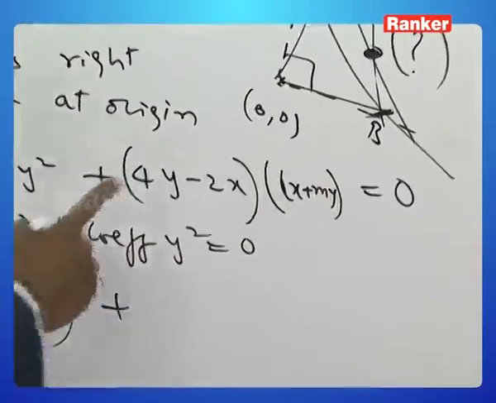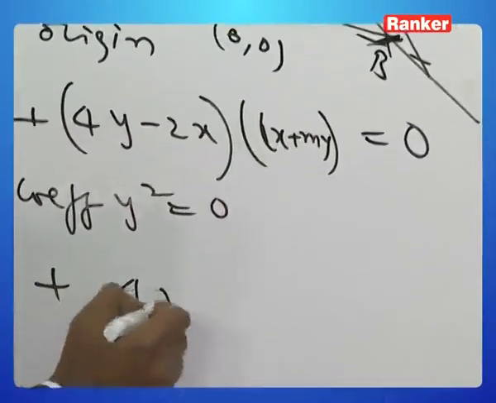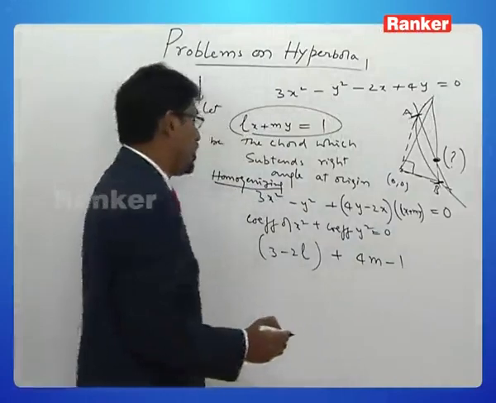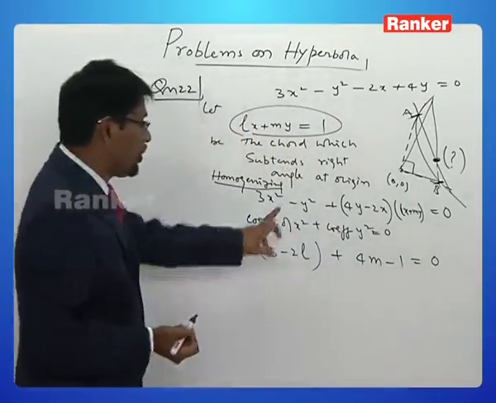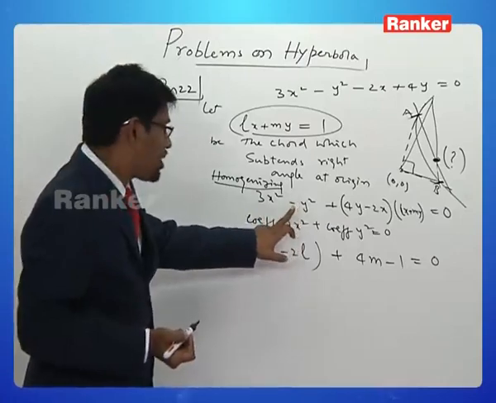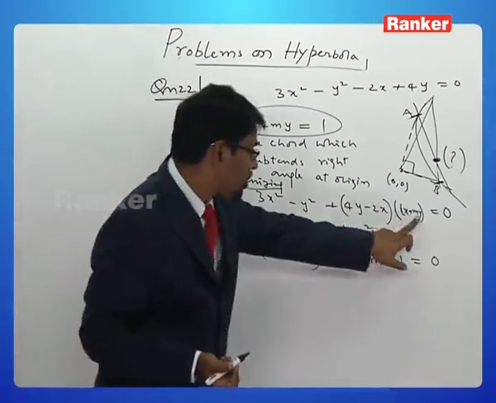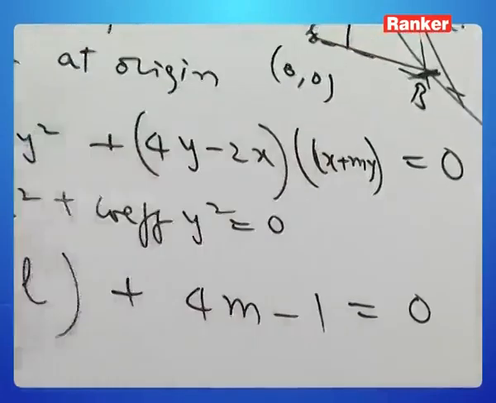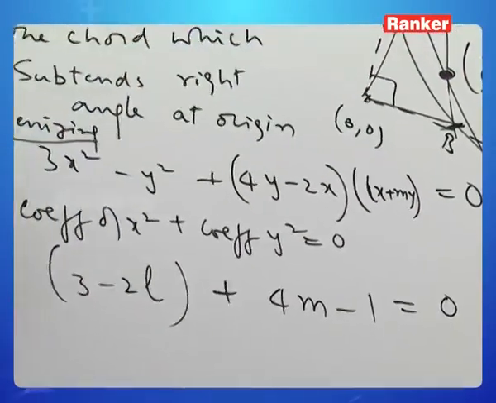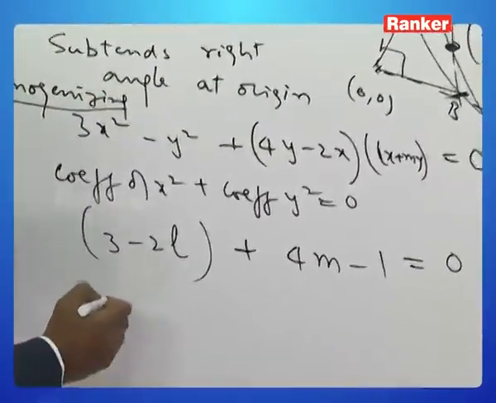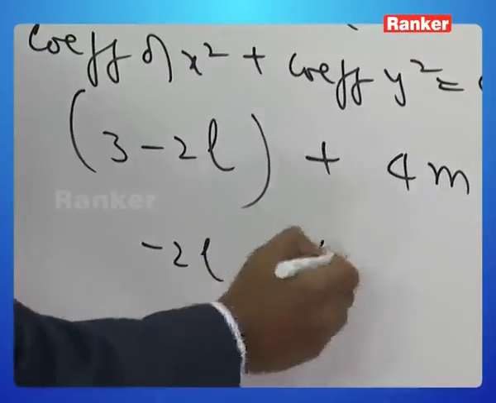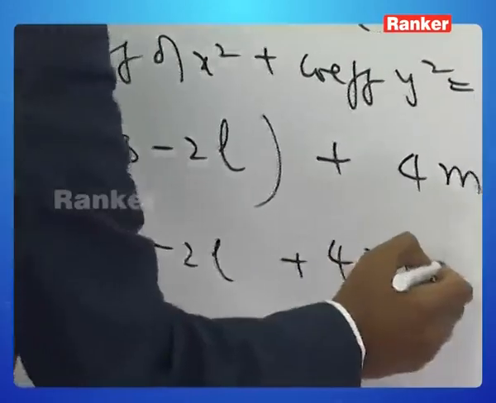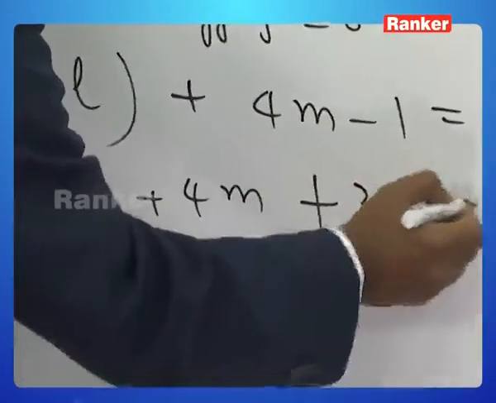Yes, we do have: 4 into m, so 4m minus 1 is equal to 0. So that makes it minus 2L plus 4m plus 2 is equal to 0.